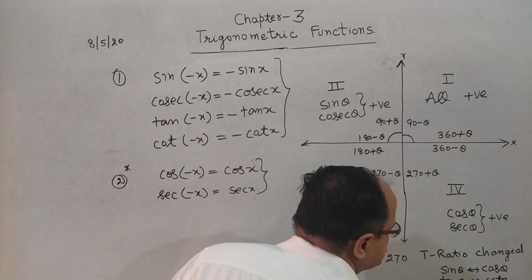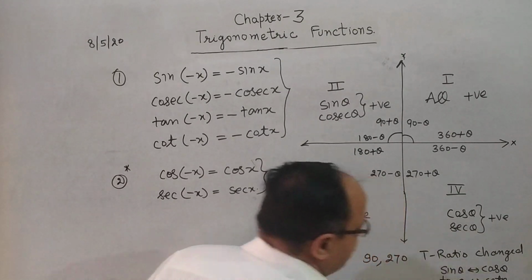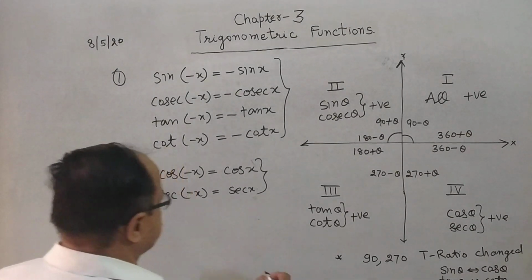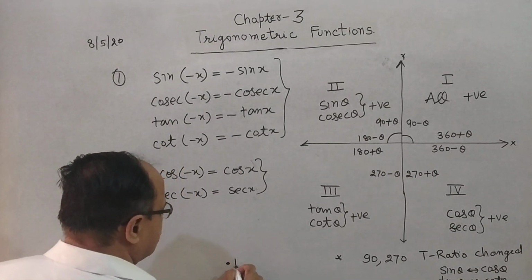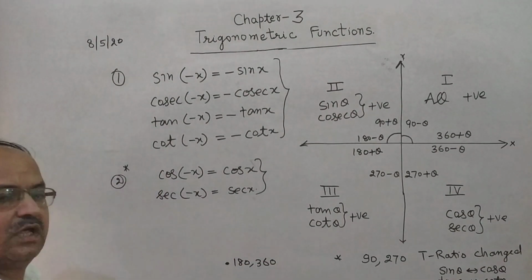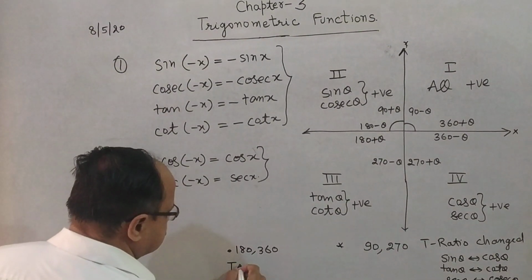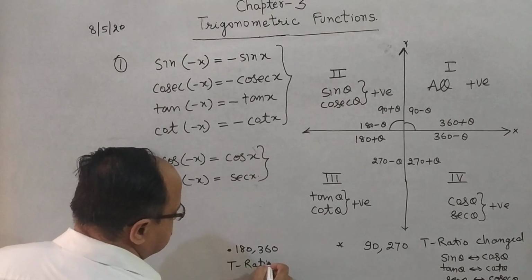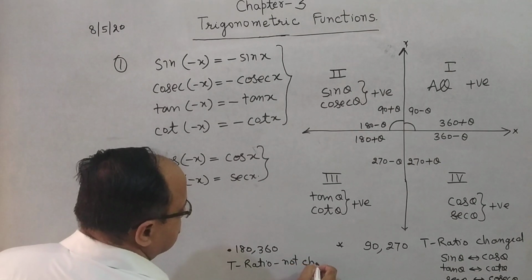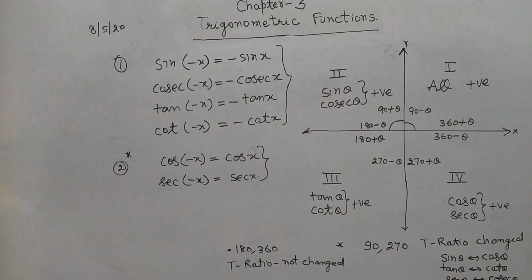Sec theta into cosec, and cosec theta into sec. But when the case is 180 and 360, T ratio does not change. This is the diagram.